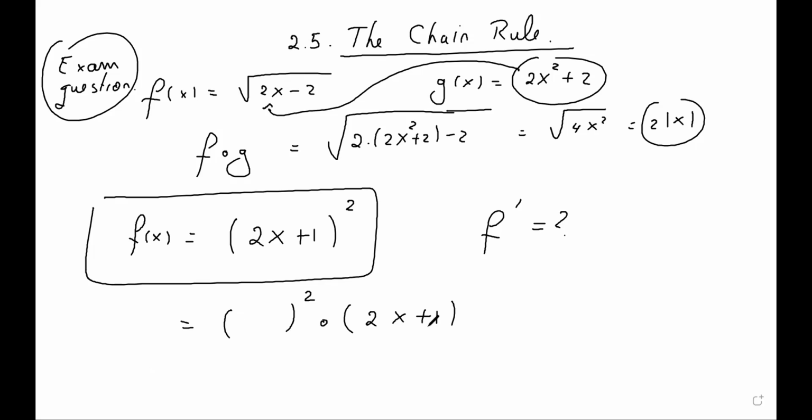This approach leads us to look at the more general problem when you have a function f circle g and you want to calculate the derivative of that. I'm not going to show you why the derivative is this one here, but just to let you know that the derivative is not a very simple formula. You got to think carefully here. So the derivative is called the chain rule.